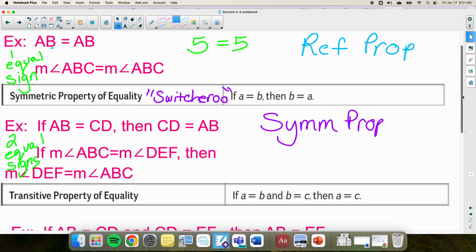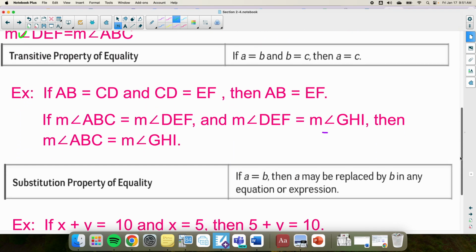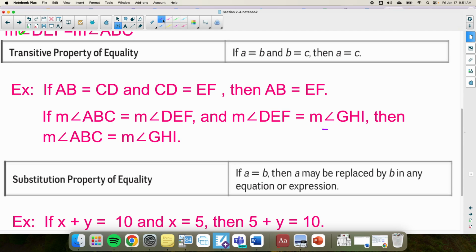And now we have transitive property, and this one is going to have three equal signs, okay? Now, in transitive, what has to be true is the ending of this and the beginning of that have to be the same, and we cross those out. And then we say the outside parts are equal. What does that remind you of?